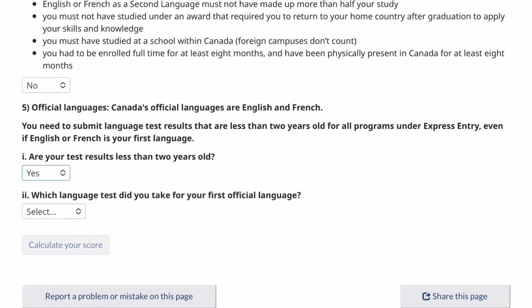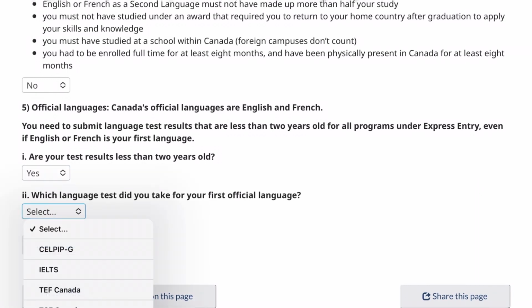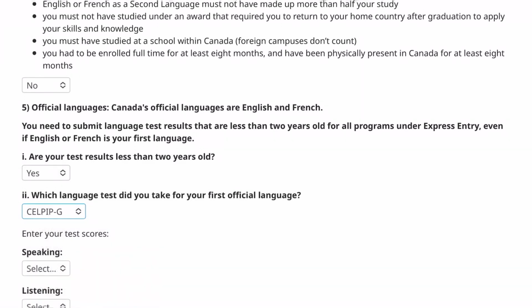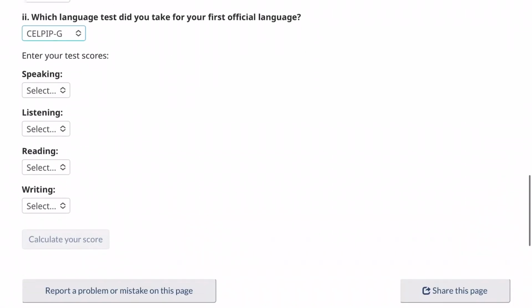Which language test did you take? There are two language tests for English and two for French, CELPIP and IELTS. I have a video on the difference between IELTS and CELPIP. I took CELPIP, so I'm taking CELPIP. Speaking. Now you are simulating your score.